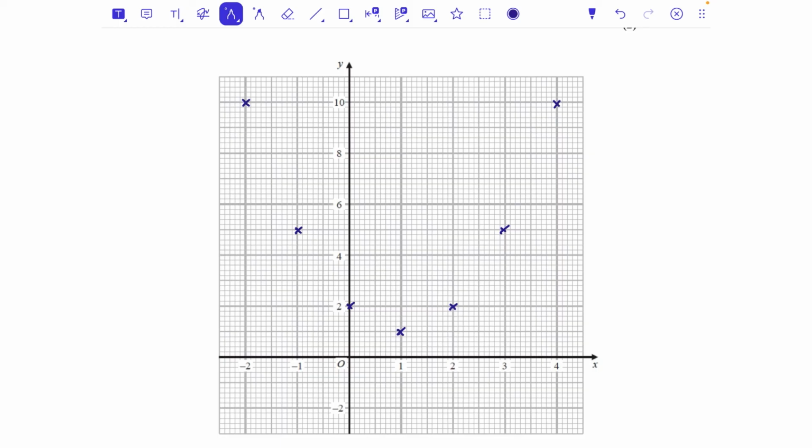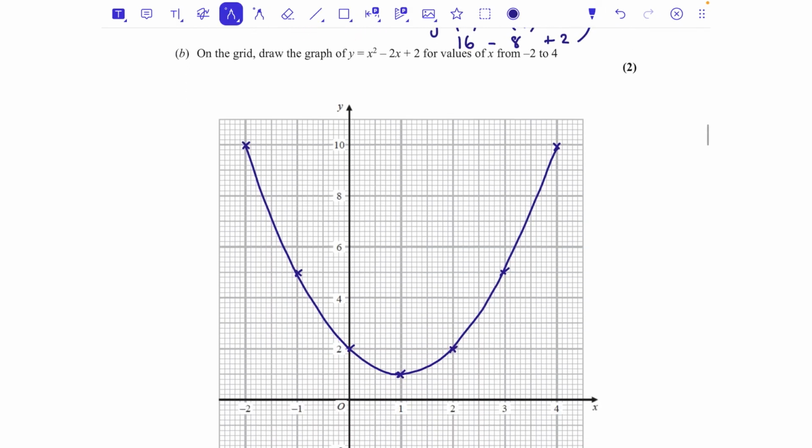And now you're going to join that up with a nice smooth curve going through all of the points and making sure that it's not pointy at the bottom there. It should be a nice smooth curve. So touching that, oh yeah, I'm going to redo that like this. And coming back up like that. There we go. And that is a quadratic graph. And we've had to draw it between minus 2 and 4.